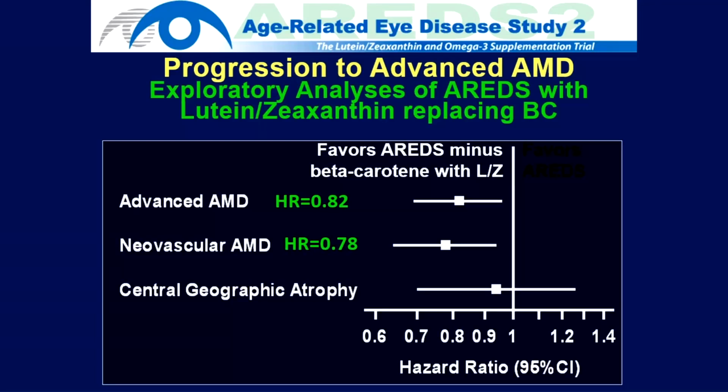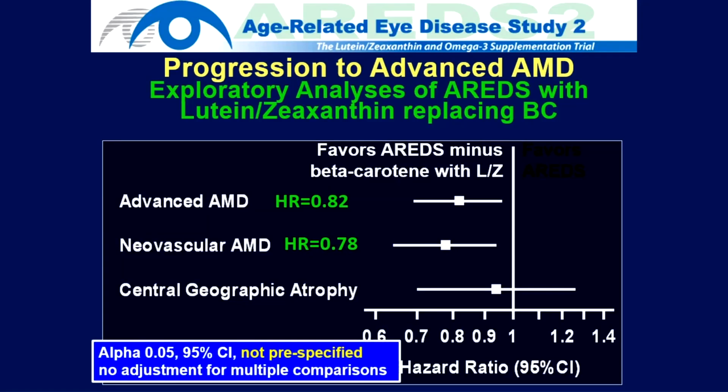Again, there's benefit of taking these dietary supplements to reduce the risk of getting the advanced stage of macular degeneration when defined as either the neovascular form or central geographic atrophy. But if you break out those two components of that combination endpoint, the dietary supplements only were shown to reduce the risk of developing the neovascular form of macular degeneration and not the development of geographic atrophy in the center of the macula. Again, even when adjusting for multiple comparisons.